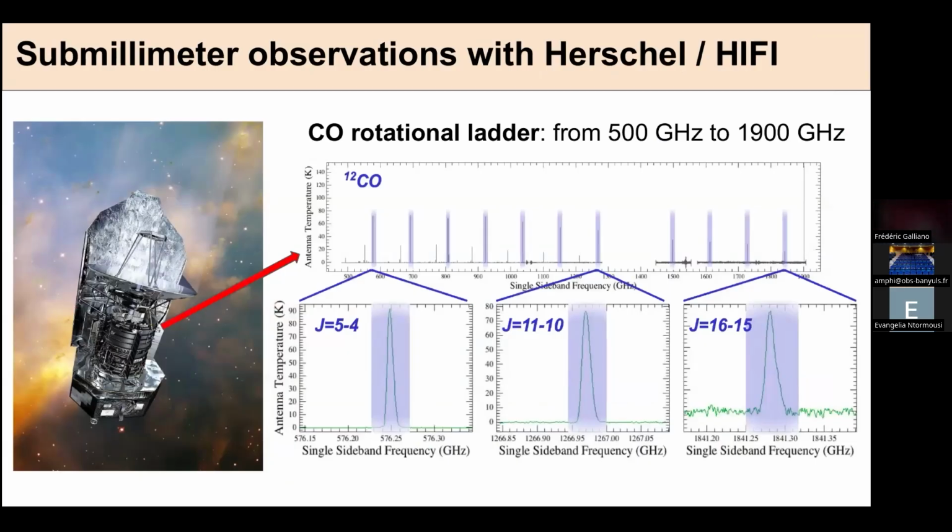The data that we used in this hands-on project comes from the Guaranteed Time Key Program HEXOS, which used the HIFI instrument of the Herschel Space Telescope. It aims at doing molecular line spectroscopy with a high resolution.